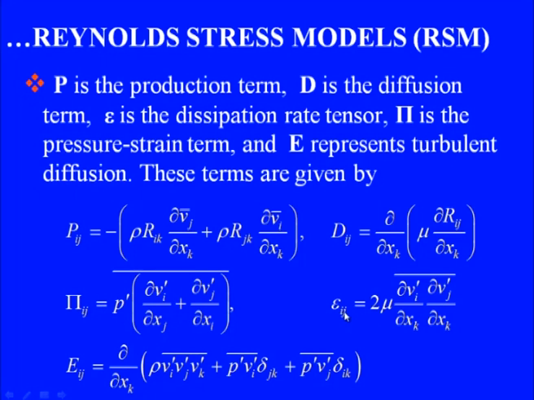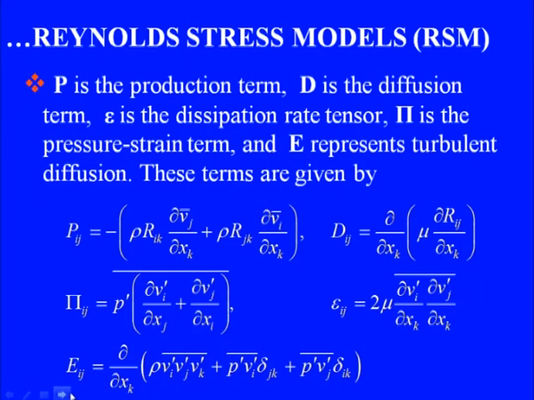Similarly, εij, which is the dissipation rate tensor, is 2μ times the average of ∂Vi′/∂xk ∂Vj′/∂xk, that has also got to be computed. This also involves unknown correlations.